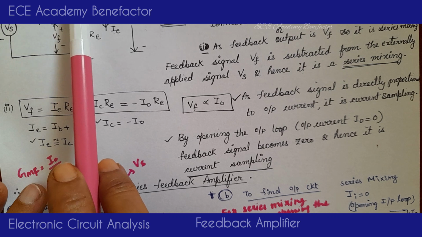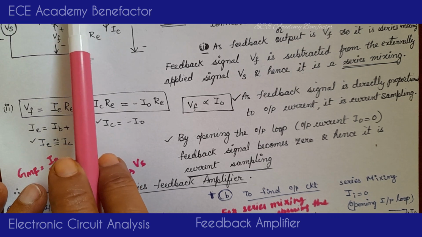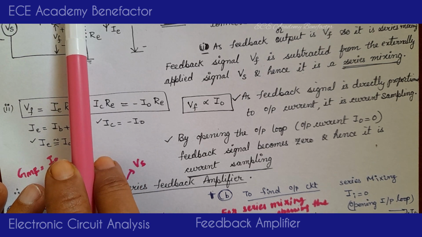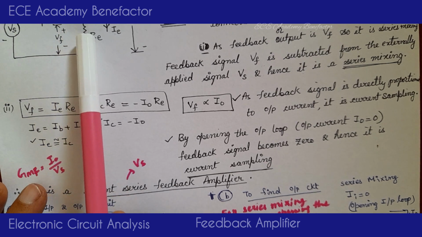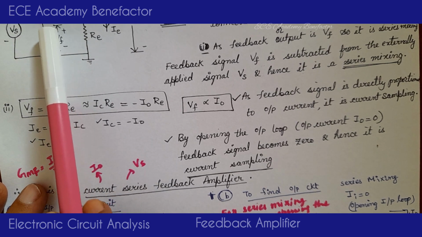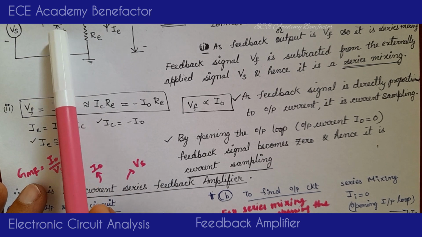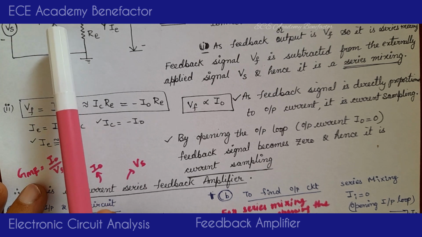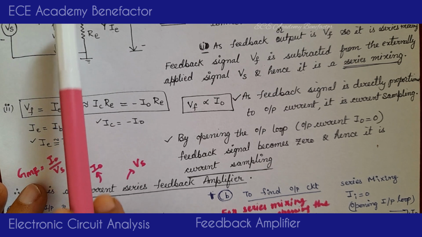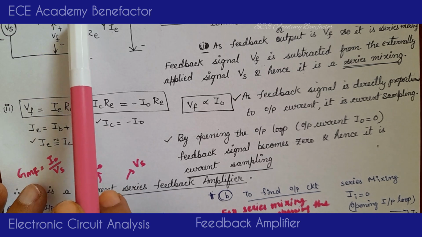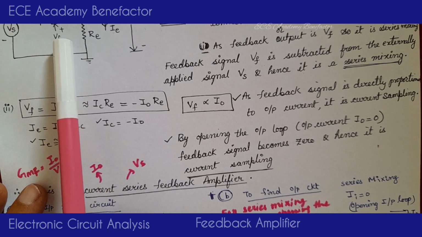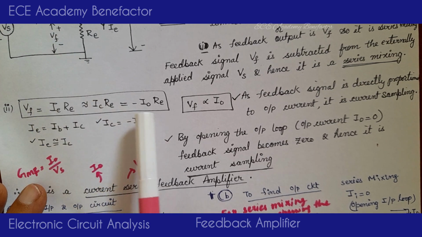By opening the output loop, that means by opening this collector point, if the feedback signal becomes 0, it is a current sampling. So by opening the collector current, what will happen? VF will become equal to 0 because it is equal to minus I0 RE.